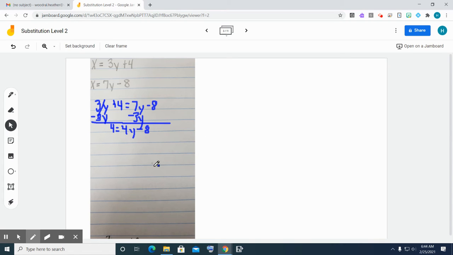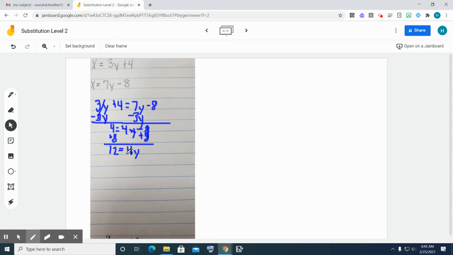Step 3 says I'm going to find the number that is isolated by itself, but is on the same side as the variable. So that's going to be this 8 right here. It's being subtracted, so I'm going to add it to both sides. Four plus 8 is 12, equals, those cancel, leaving me with just 4y.